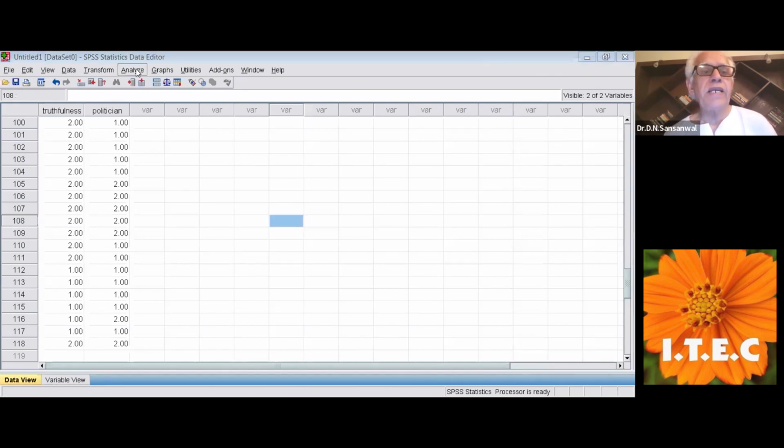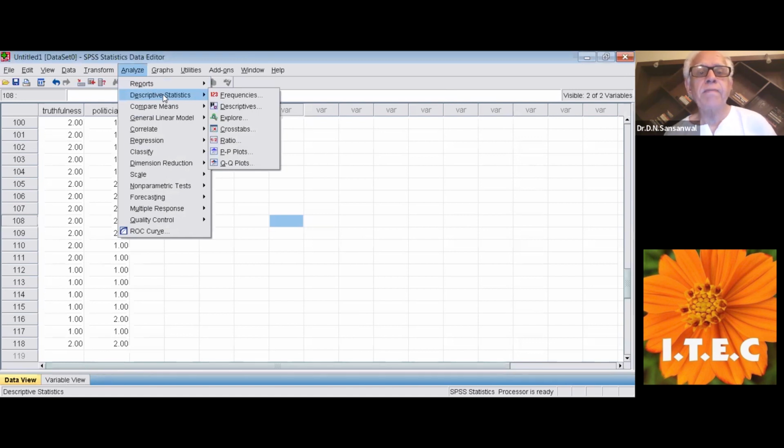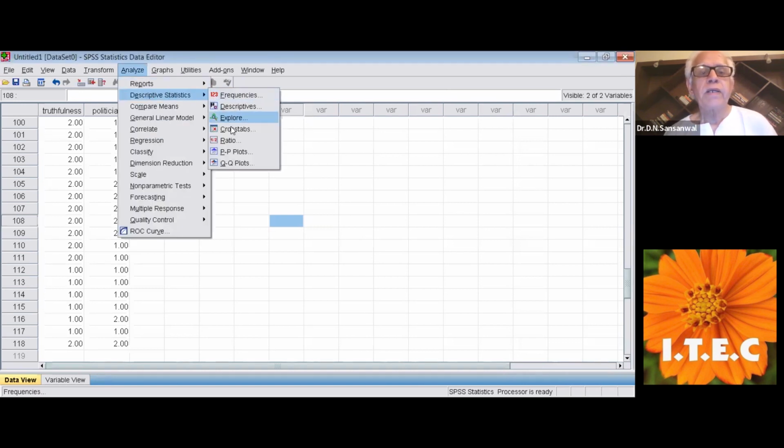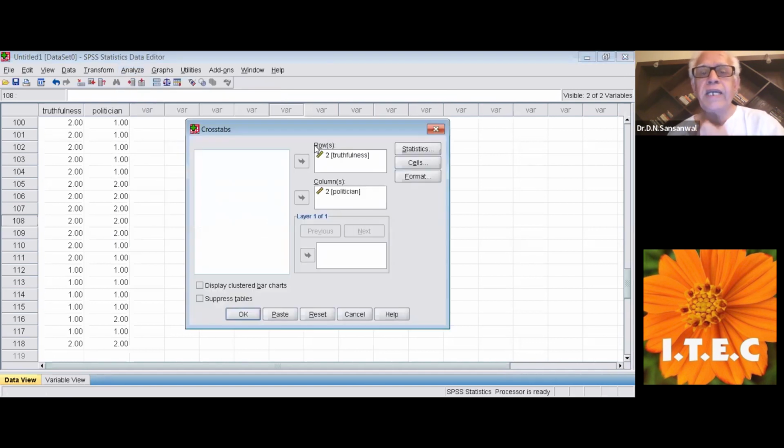You see here in the row, I have given the truthfulness of the scientist, and in the column, I have given the truthfulness of the politician. So that is what we should remember.